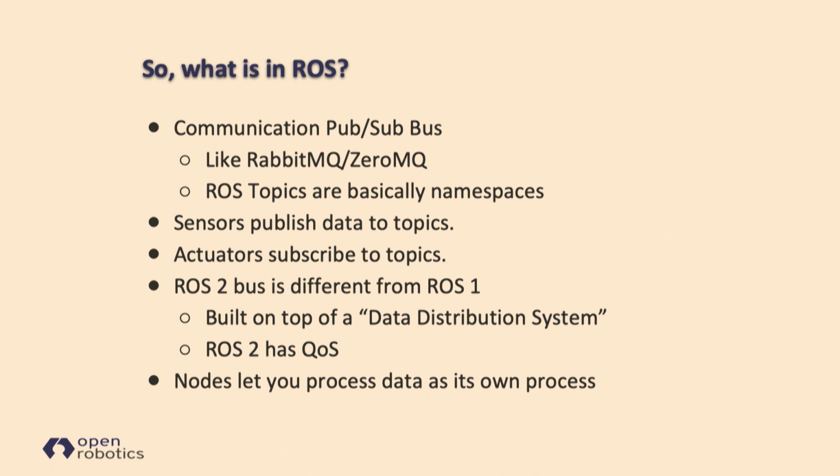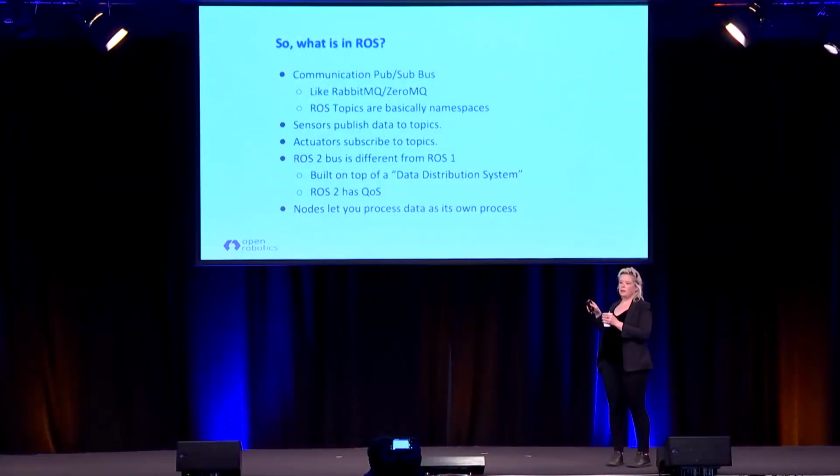It's just a message passing system that's tailored for robotics. We organize these messaging buses as topics, which are effectively namespaces. So you can say, here's all my motors, here's all of the sensors that are cameras, here's the color version of this camera, here's the color version of this camera that is dewarped.